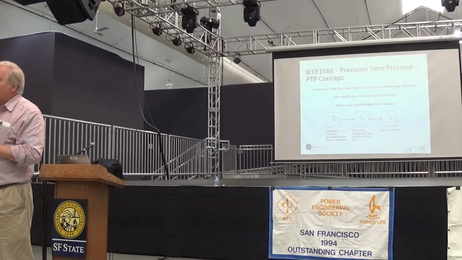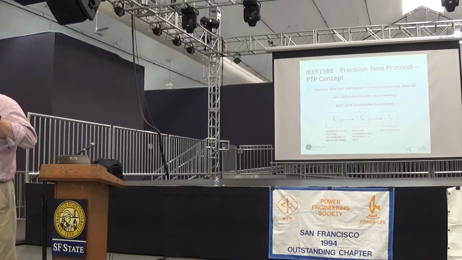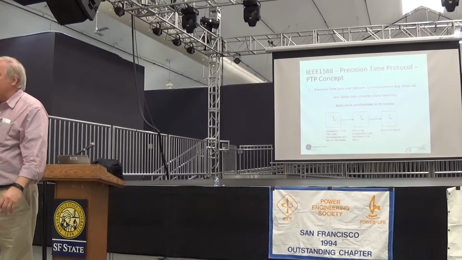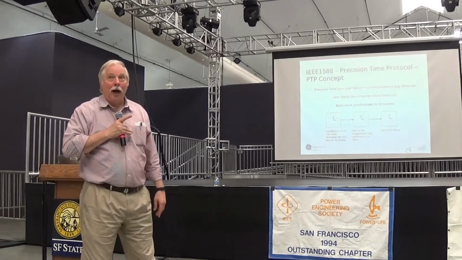So going forward, when you implement these systems, you don't have to, but if you want to get precision time, you should be using Ethernet switches that can measure what is known as the residence time of the message going through the Ethernet switch. So Ethernet switches are called transparent clocks.